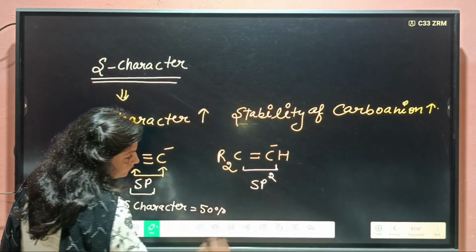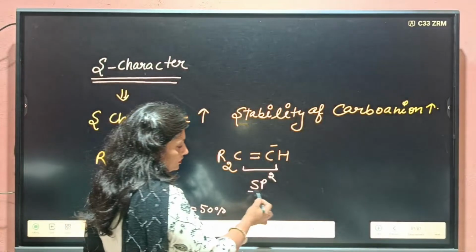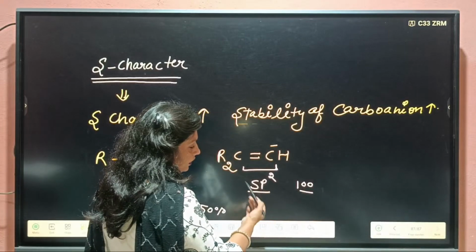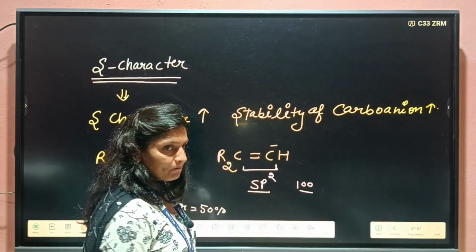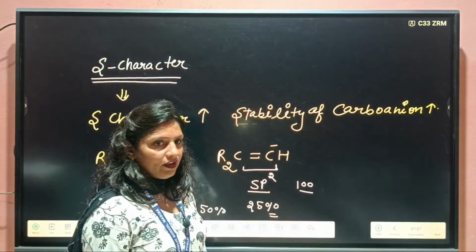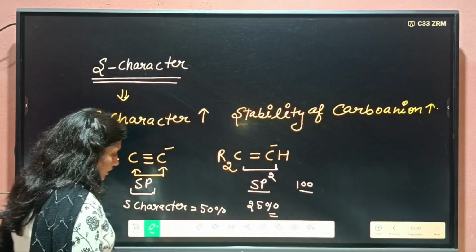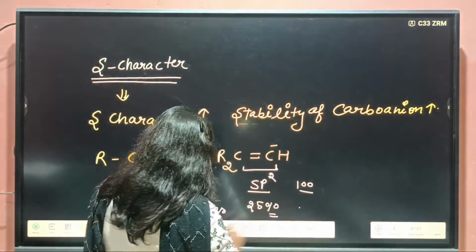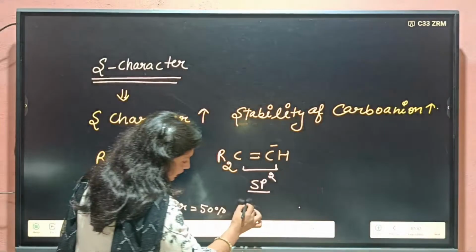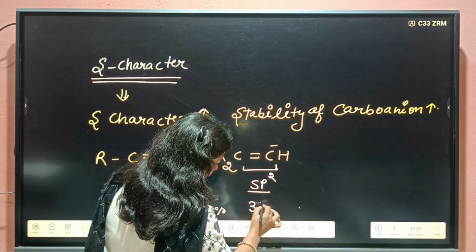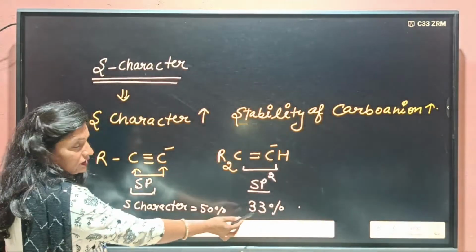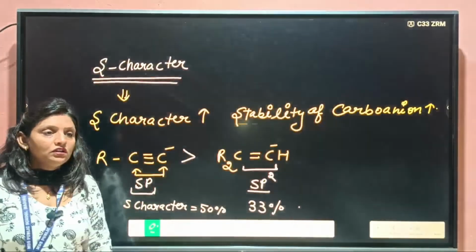And here if I consider a total of 100, then it will be 33 point something. So here the S character is more as compared to this one. That's why it is more stable as compared to this one.